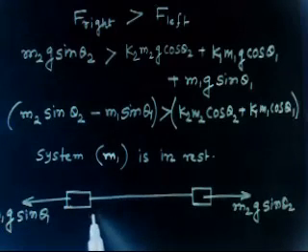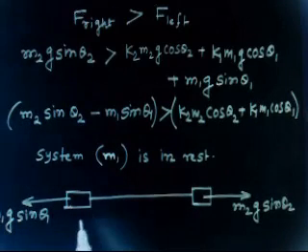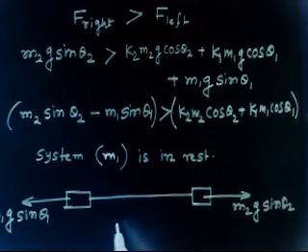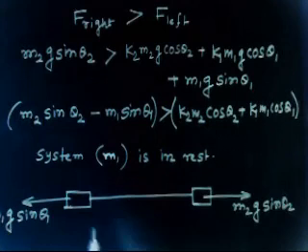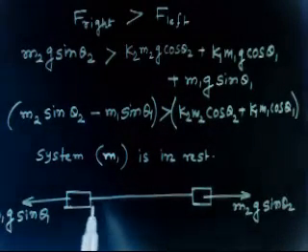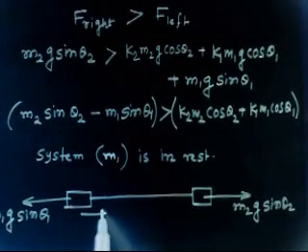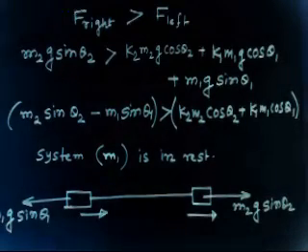Let us first discuss if it wants to move this side. I do not want the system to move this side. This means the friction force acting in this direction should be greater than this force. If there is a tendency to move this side, the friction force on this will act in this direction, and this friction force will also act in this direction.